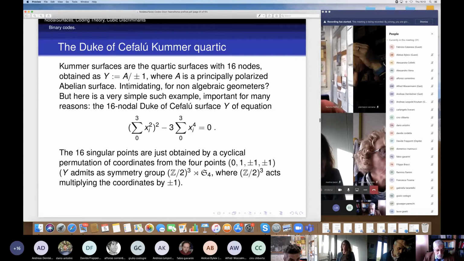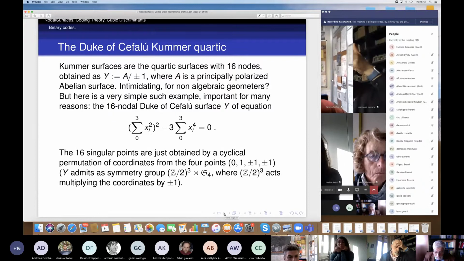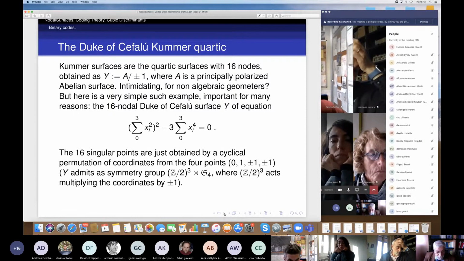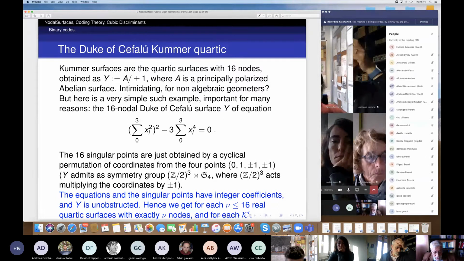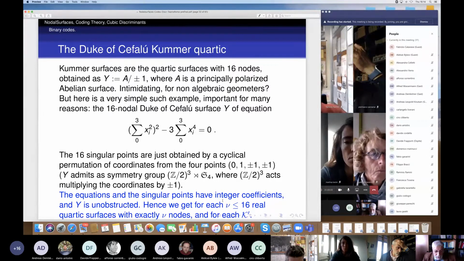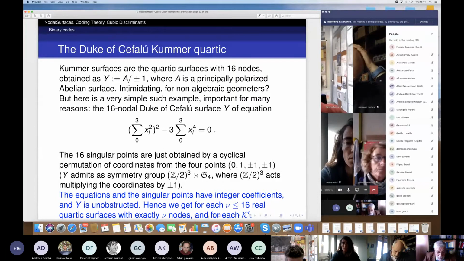And this surface has a lot of symmetries: Z2 to the cube times the permutation group on 4 elements. The upshot is that the equations and the singular points, you see the coefficients are just 1 or 3, here plus or minus 1, so everything is defined over the integers, and Y is unobstructed.